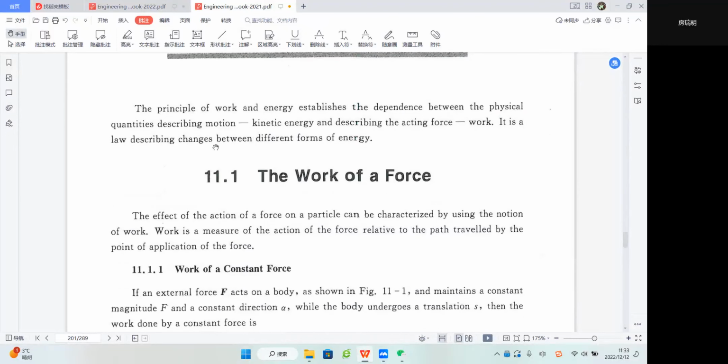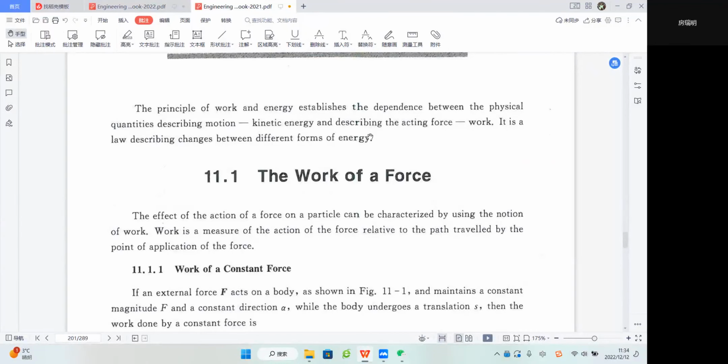So the principle of work and energy establishes another method. It establishes the dependence between the physical quantities describing motion, kinetic energy, and describing the action force, work.